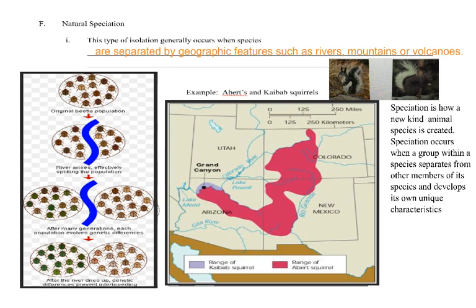Speciation occurs when a group within a species separates from another member of its species and develops its own unique characteristics. The diagrams below help to illustrate natural speciation. This diagram illustrates a group of beetles. A river arises and separates the 2 beetles into separate groups.